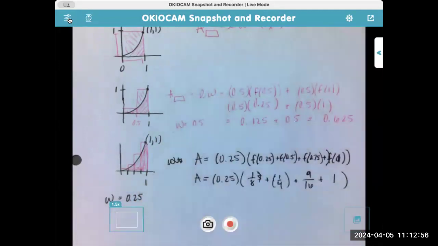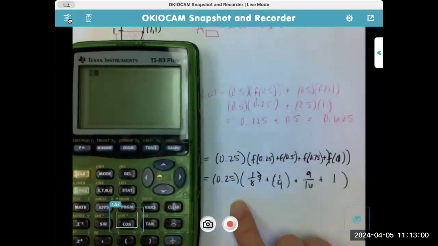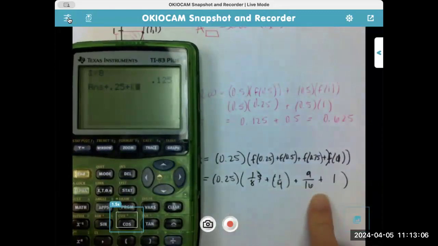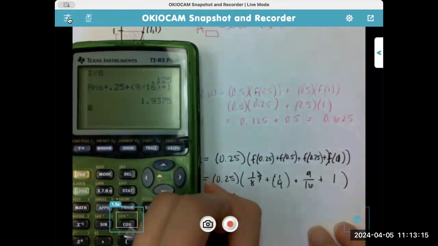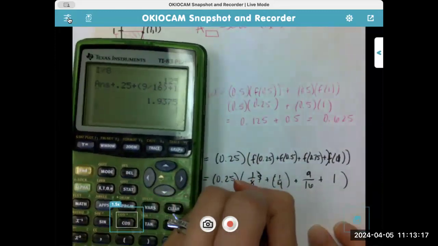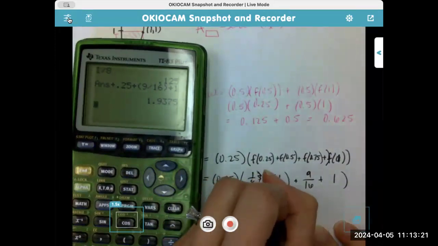Okay, so now if we're adding all these up, I have 1/8 plus 1/4 plus 9/16 plus 1. So that's 1.9375. This is 0.25 times 1.9375. There we go.